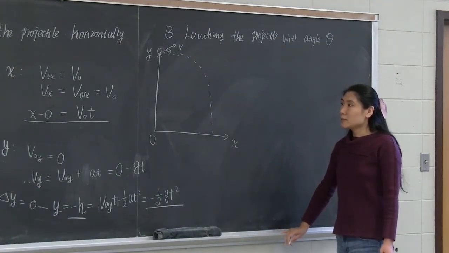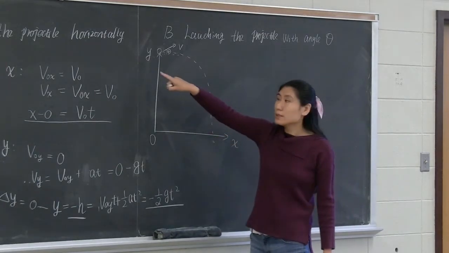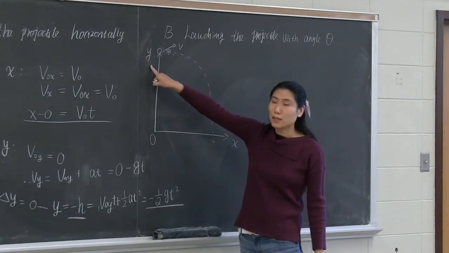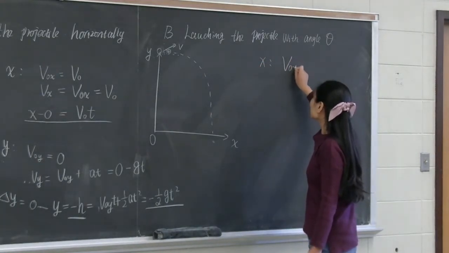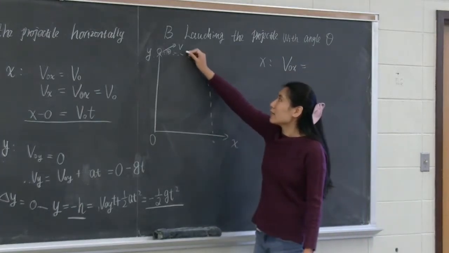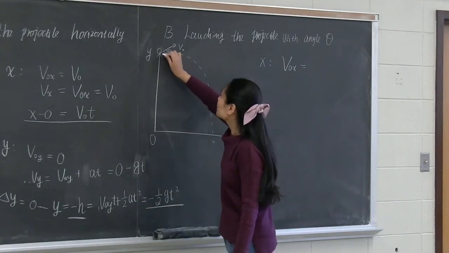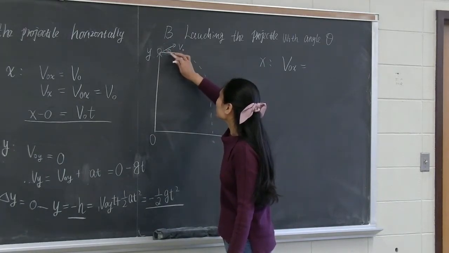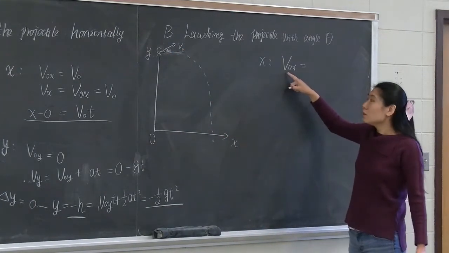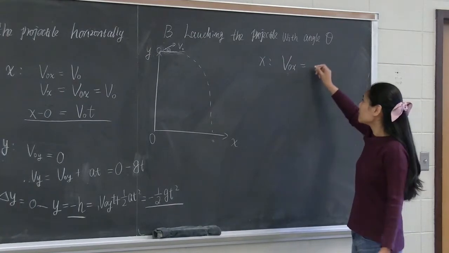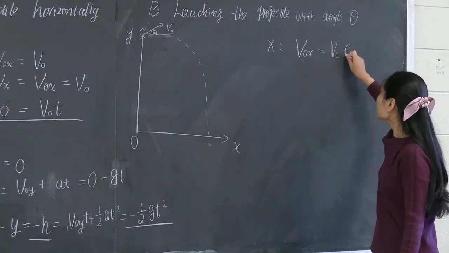This time, we also distinguish the motion along the x direction and the motion along the y direction. Along the x direction, since v naught has a certain angle θ with the horizontal direction, the initial velocity along x will be v naught times cosine θ.